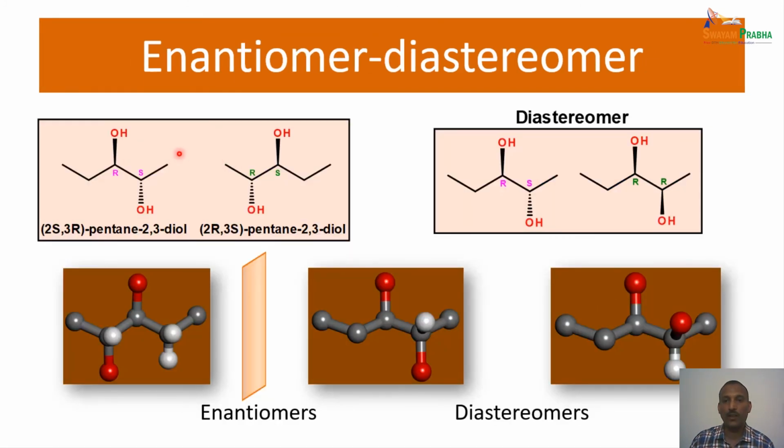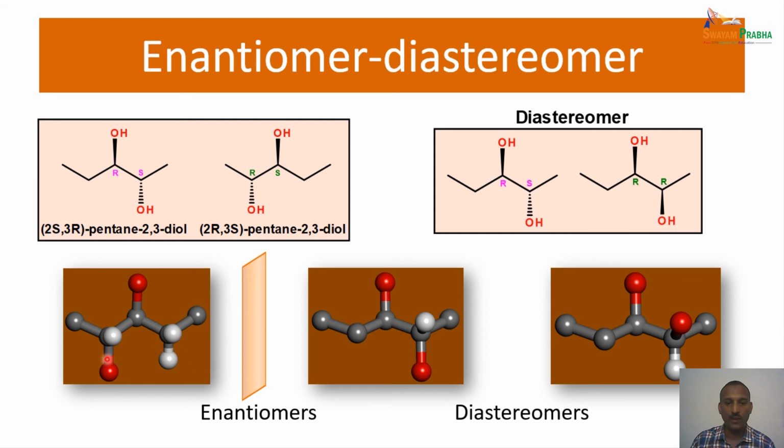In this particular slide, you will see the difference between enantiomer and diastereomer in a much simpler way. We are taking this as our standard compound. That means this is having the RS configuration here, that is OH is pointing downwards and here the OH is pointing upwards. So this is taken as a standard, and these two are generally called enantiomers.